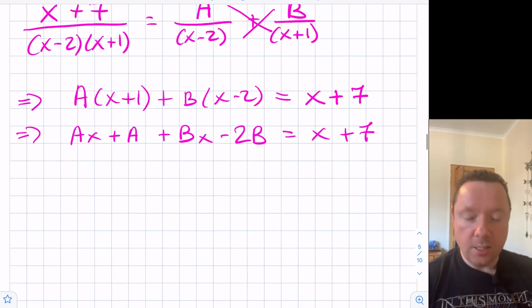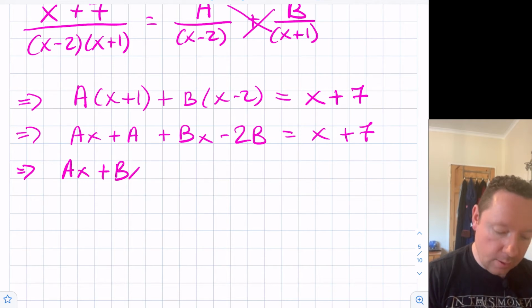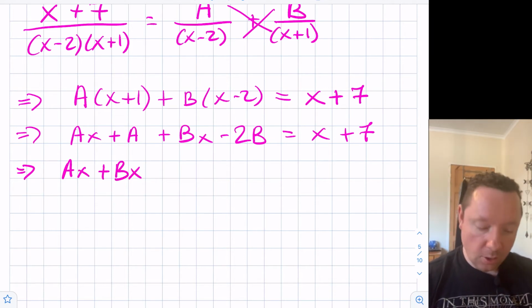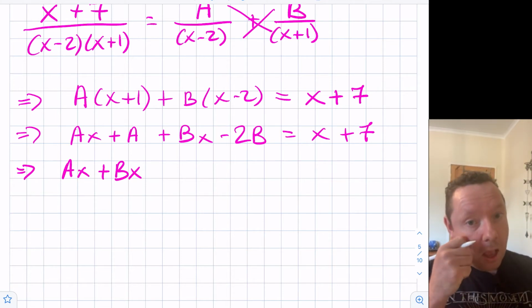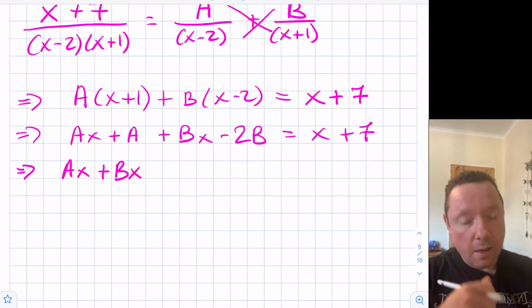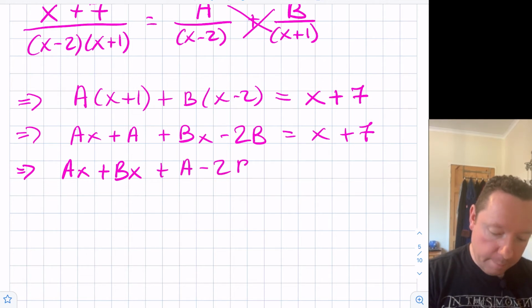Now if we write our x parts together, on the left hand side we get ax plus bx. And if we write our other parts, the parts without any x's, we get plus a minus 2b equals x plus 7.